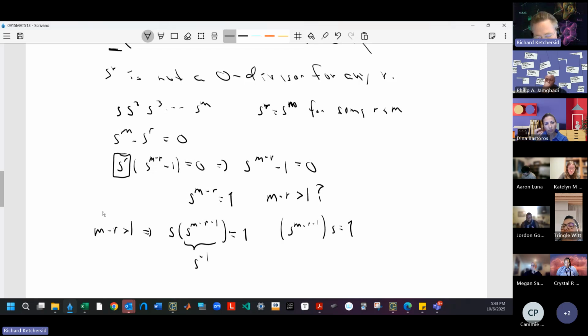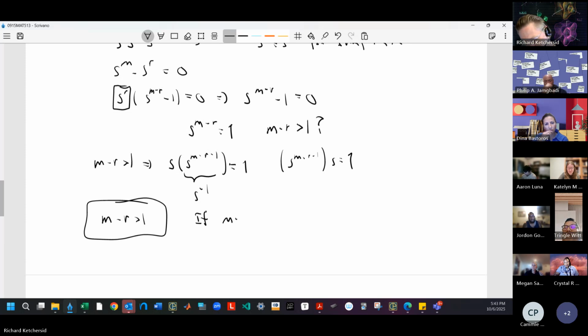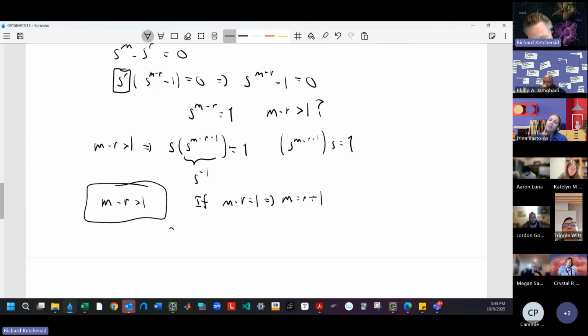The only little point now is that I needed M minus R to be bigger than 1. Let's see if I get in trouble there. So if M minus R equals 1, then I get that M equals R plus 1. So my original thing up here was just S^(R+1) minus S^R equals 0.